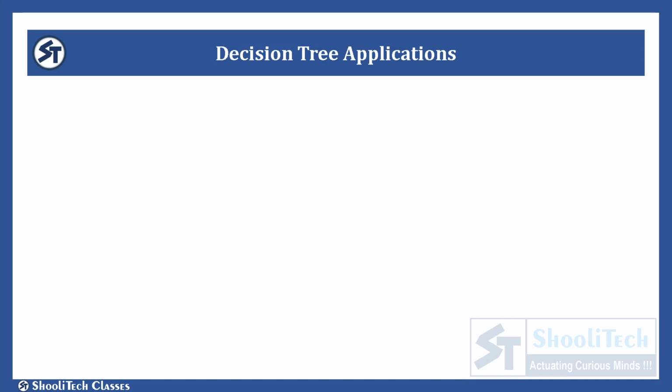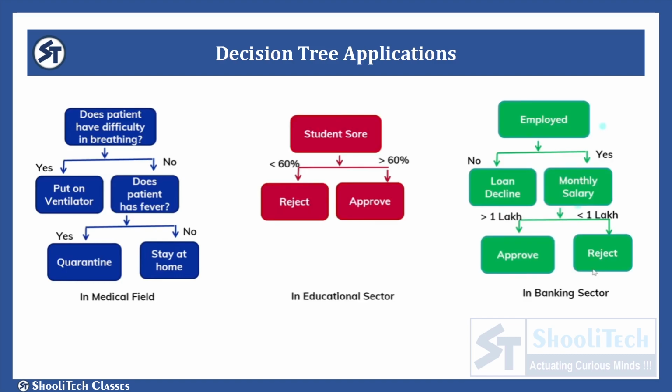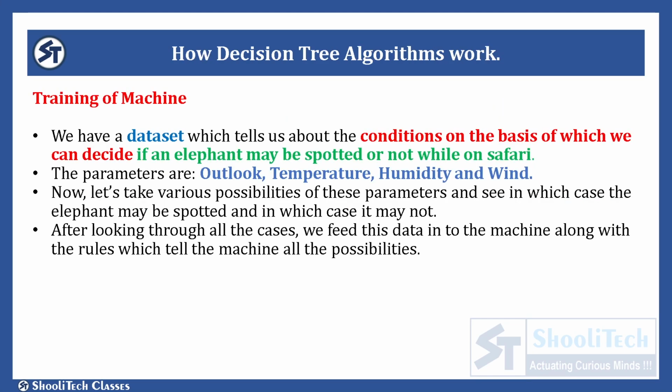Decision tree algorithm can be used in many sectors like medical field or educational sector or banking sector, or it can be applied in many other sectors also. Now let's see how a decision tree algorithm works with the help of an example.